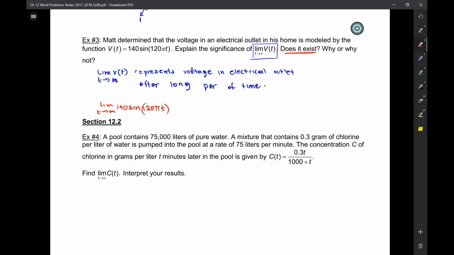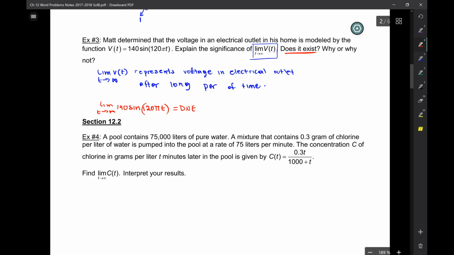It's a sine function, yes? It's a sinusoidal function. What's the amplitude? 140. And so it's oscillating, right? So what is the limit as t approaches infinity?